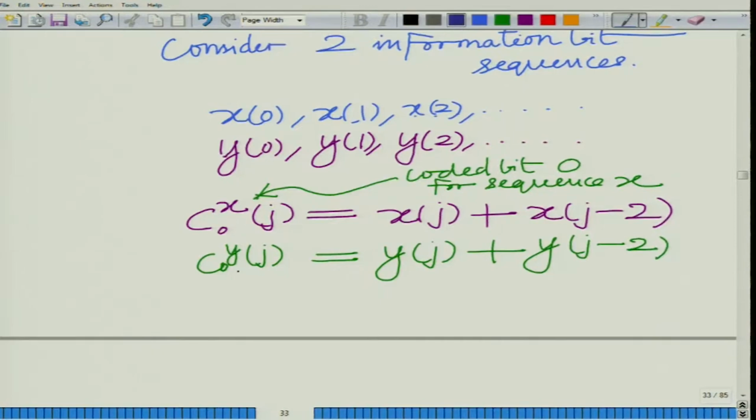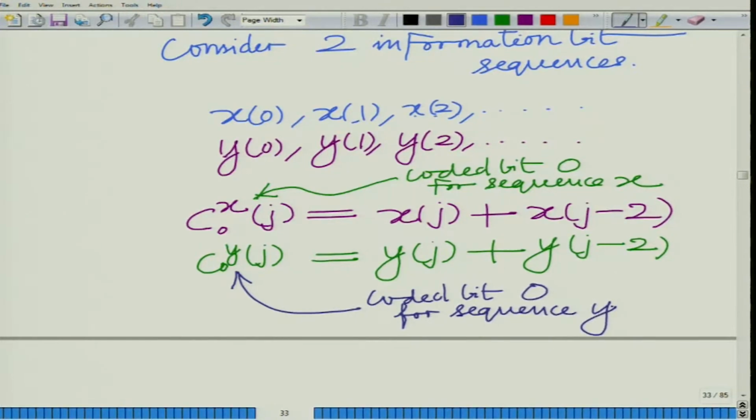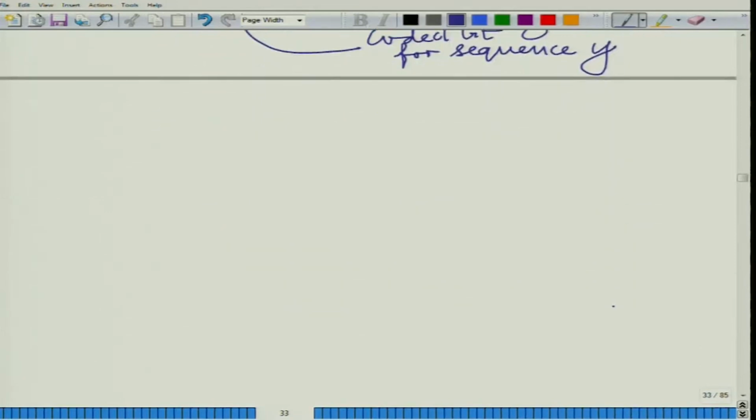Now, you can see what happens when you add these two coded bits, C0 of x and C0 of y, of j.